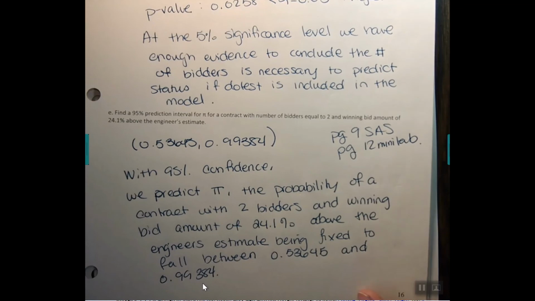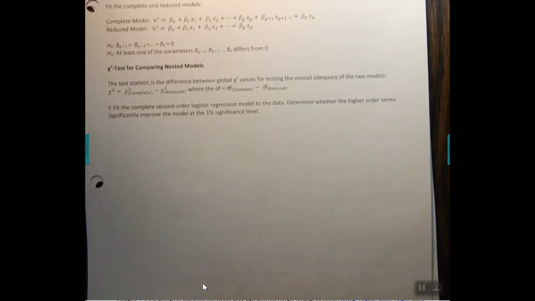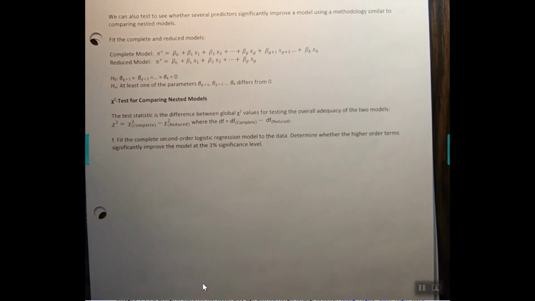All right, and then the last thing that we have in this note set, I believe, is very similar to before. We can test whether several predictors significantly improve a model using a methodology similar to comparing nested models. Here we're still going to have a complete and a restricted model, and we're going to compare these two. The only difference is that before we had that F-test where we looked at two different ratios.